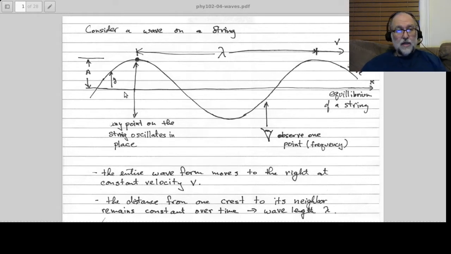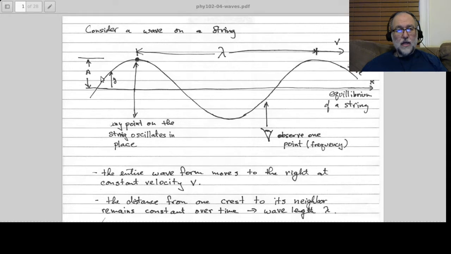Each one of these crests will move to the right with constant velocity v, but that is not the motion of any one of the particles. Over here you can see that I drew this dot. You could picture the string as being made up of billions of atoms and molecules all the way along the string, all interacting with one another through electrostatic forces.